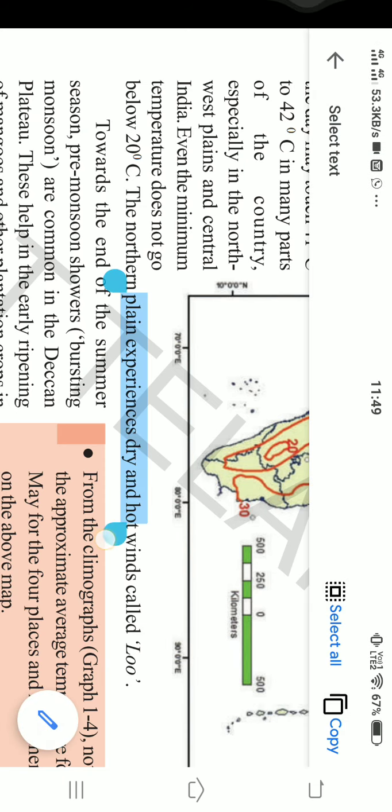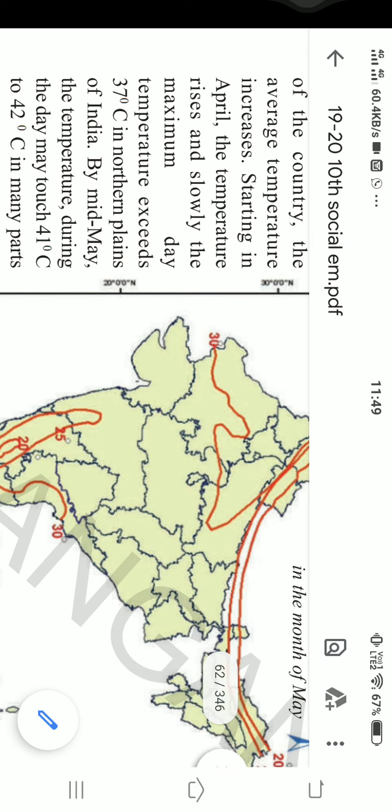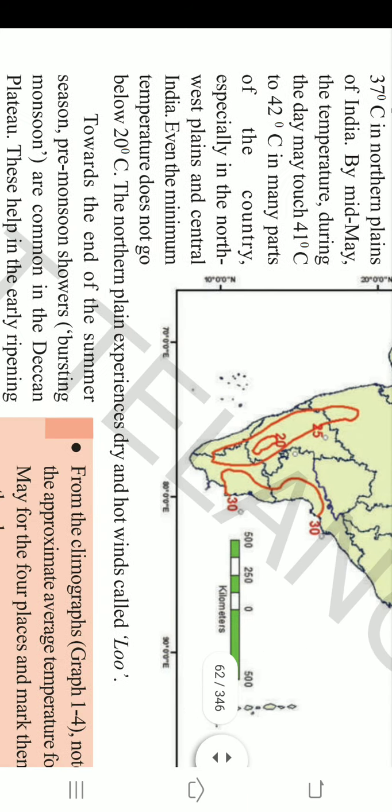You may get one more question: what is meant by Lu? Hot winds blowing in the northern plains are called Lu. These are the hot winds which blow in the Indo-Gangetic plains, also called the northern plains.